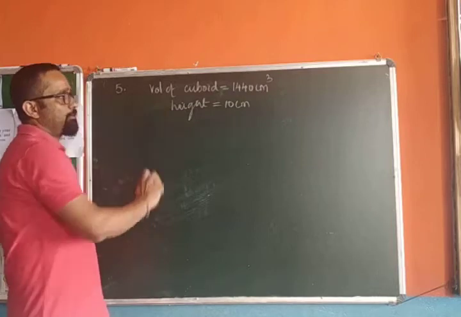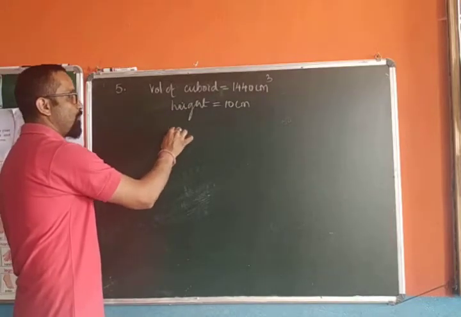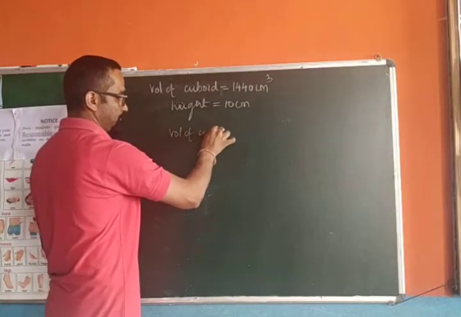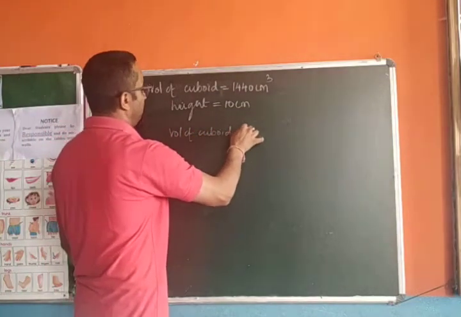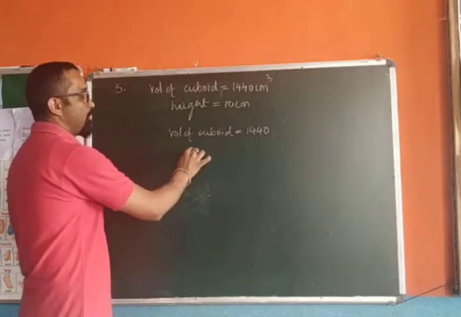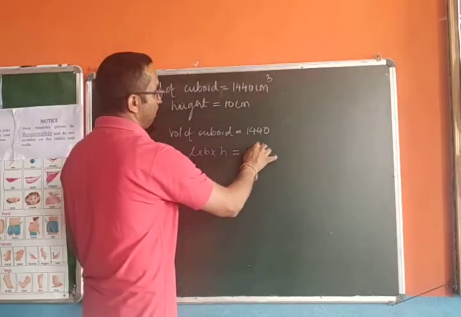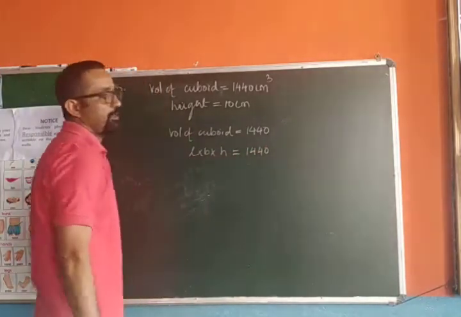Since you are given volume and height, we use volume of cuboid. Volume of cuboid is 1440. Write down the formula: length into breadth into height equal to 1440.